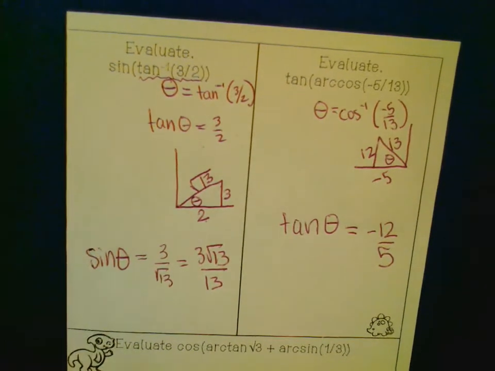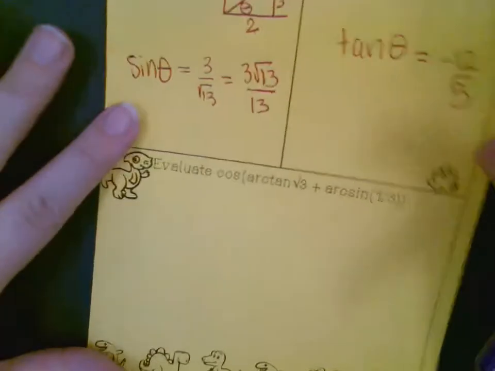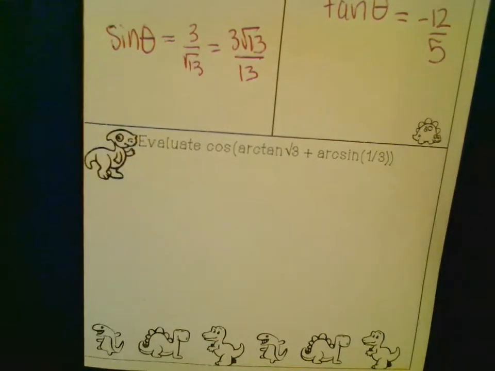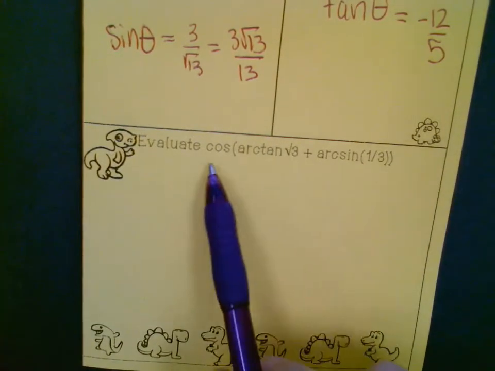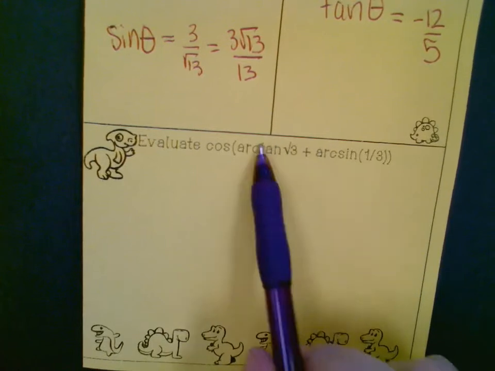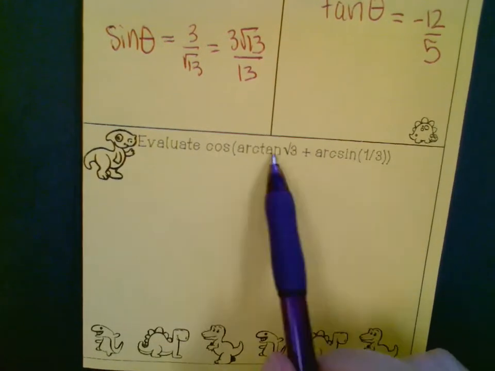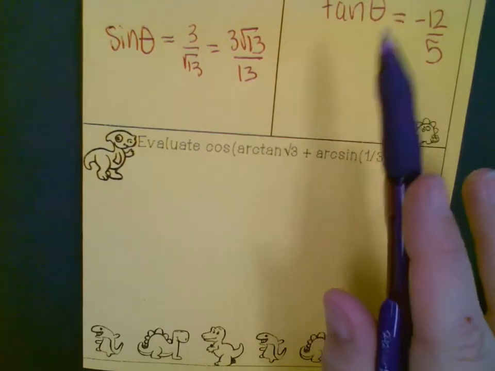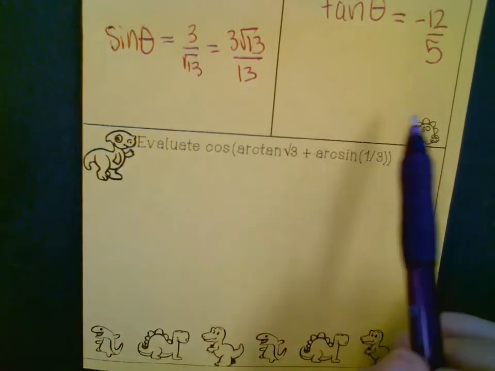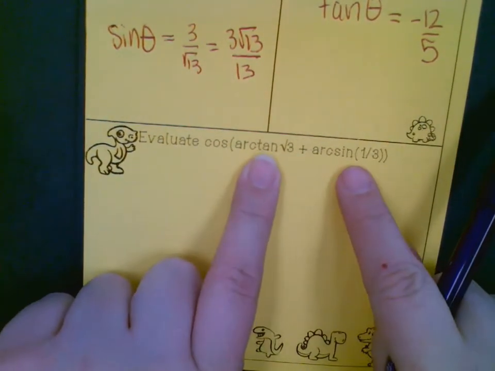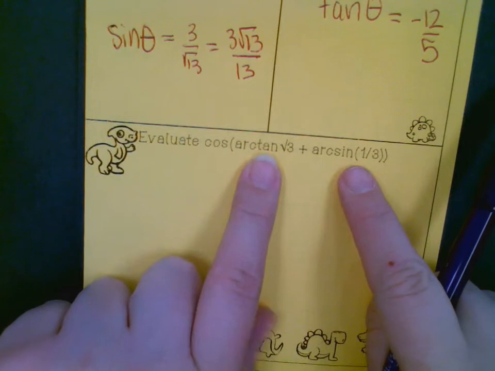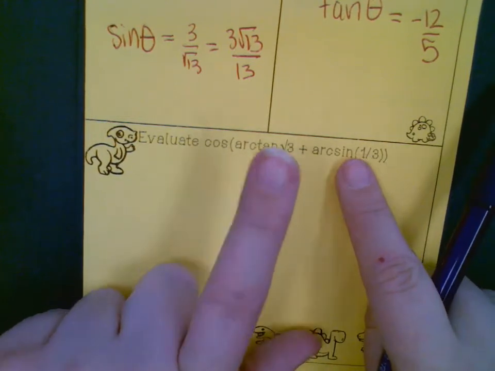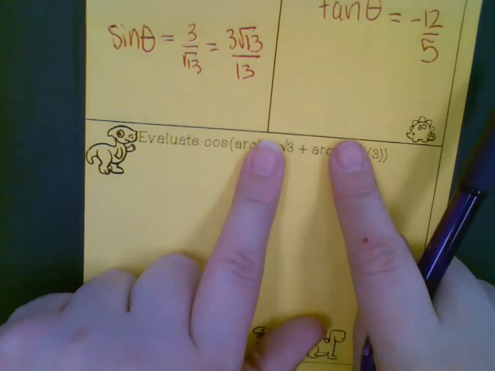Okay, so let's take a look at the bottom one. This one's just a little bit more complicated. We have some inverse functions in here. This part involves what we just did up top, but now it's saying cosine of this one and this one together. So if we have cosine of something plus something, we're going to use our identity.